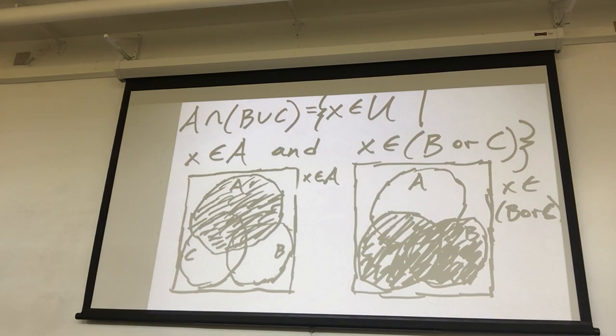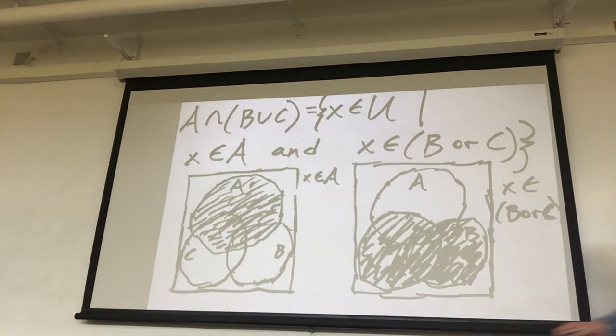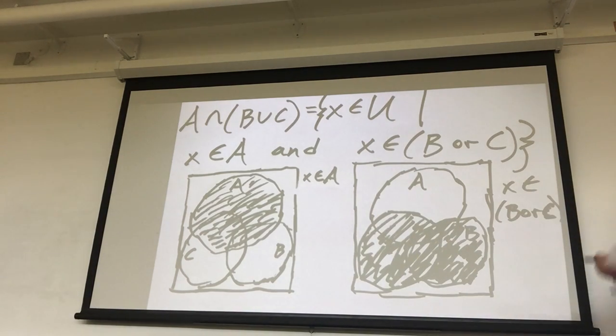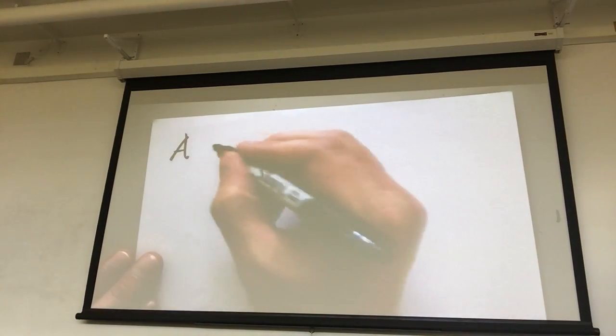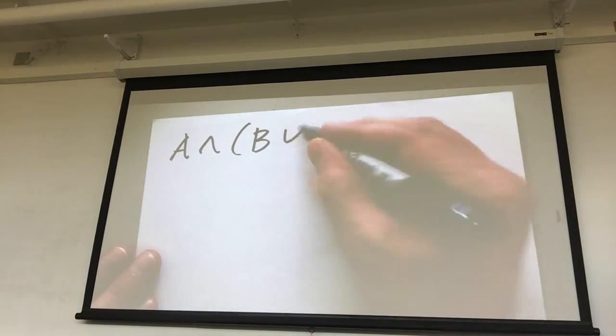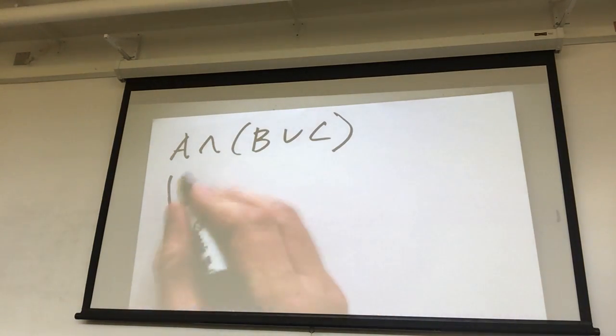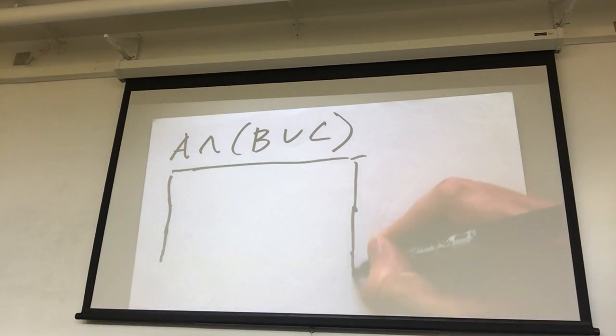It means intersection. So the intersection of these two shaded regions will be X is in A and X is in B or C. So if we were going to draw this thing, A intersect B union C, what would this be? It would be the intersection of the previous two graphs.